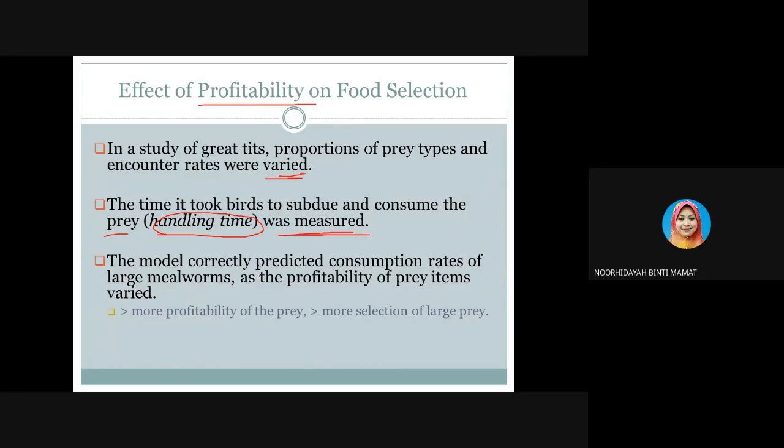The model correctly predicted the consumption rate of the large mealworms as the profitability of the prey item varied. For example, more profitability of the prey means more selection of large prey. The profitability of food items depends on how much energy the animal will get from the food, relative to the time spent, which is the handling time.